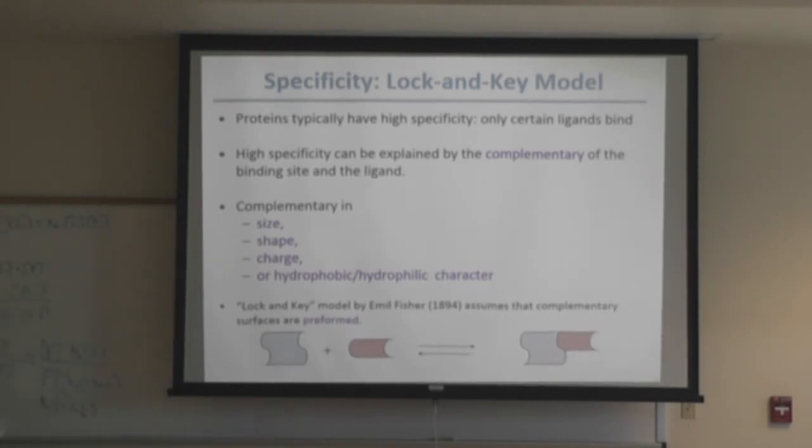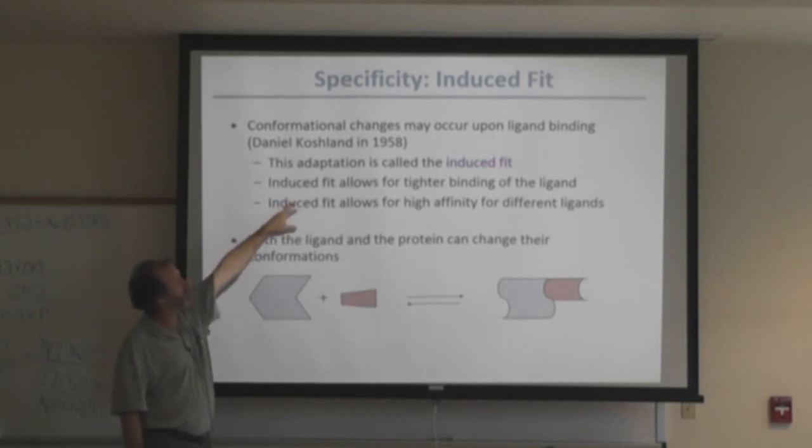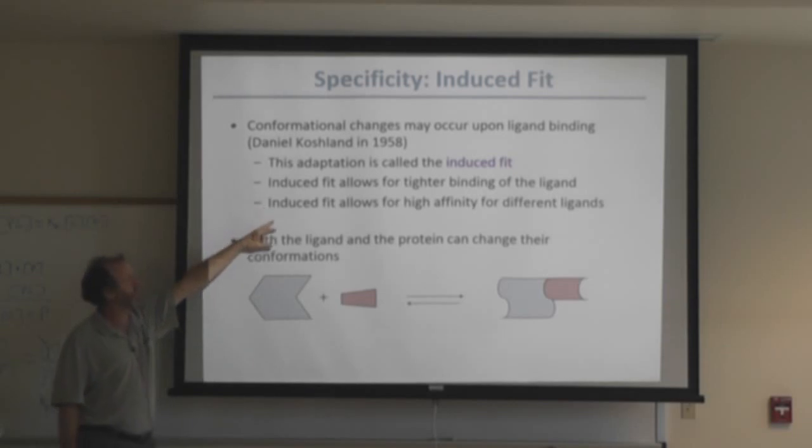This is an induced fit model, which I think you'll see more often than the lock and key model, especially for enzymes and proteins. They're going to alter their conformation upon binding, which will typically alter their function. So this is an adaptation to the lock and key, and it's called the induced fit, and it allows for tighter binding of the ligand.